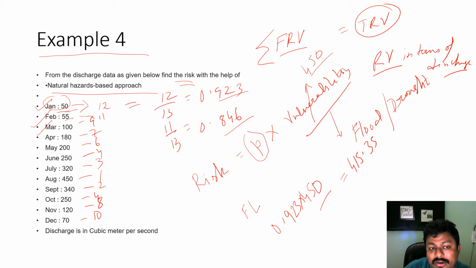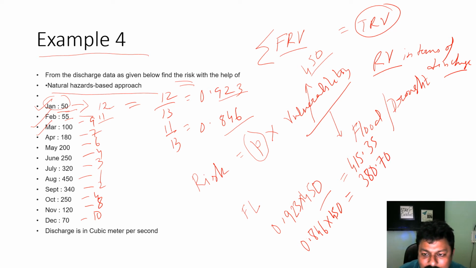And this is 0.846, which is for the higher discharge. February discharge is higher compared to the January discharge, with a rank of 11 compared to 12, the rank of January. But you see, the probability is 0.846. If we multiply 0.846 with 450, it will be 380.70.